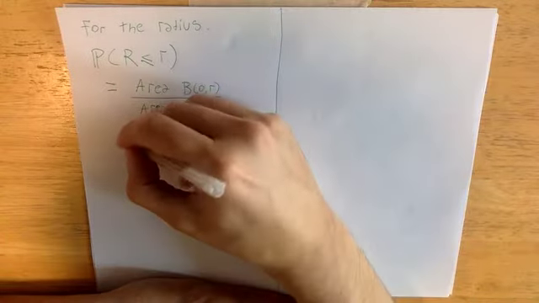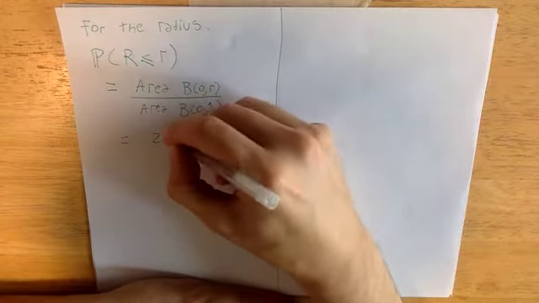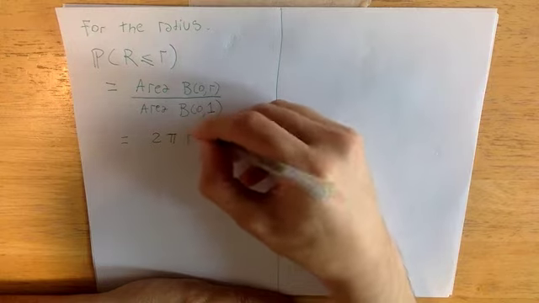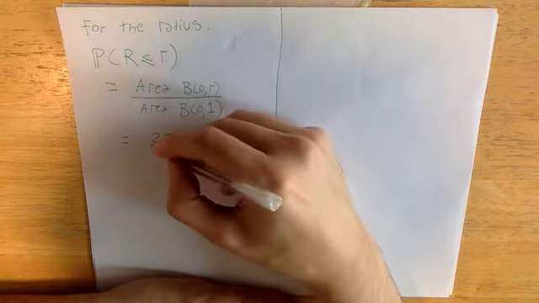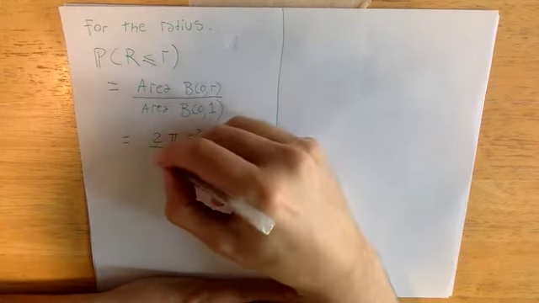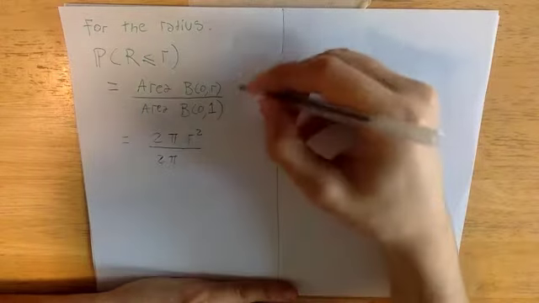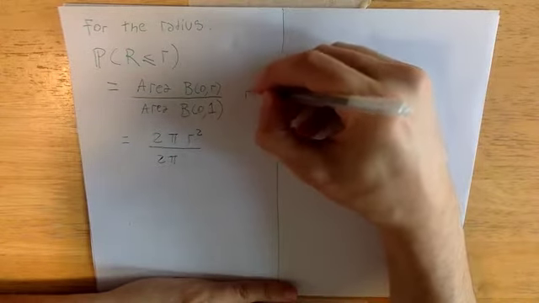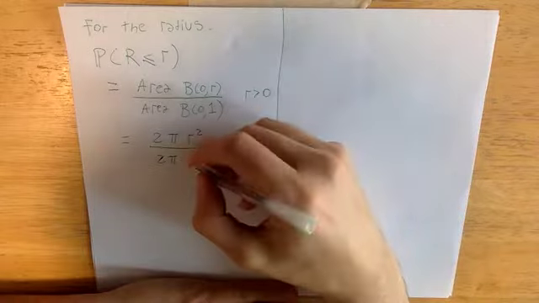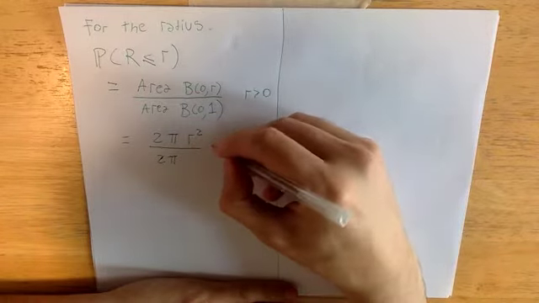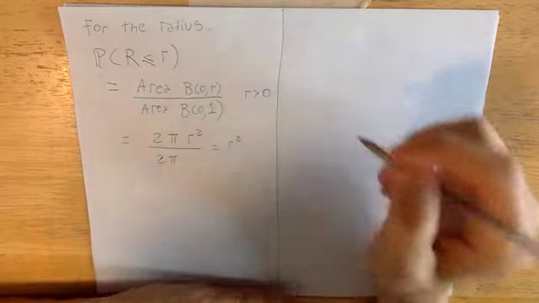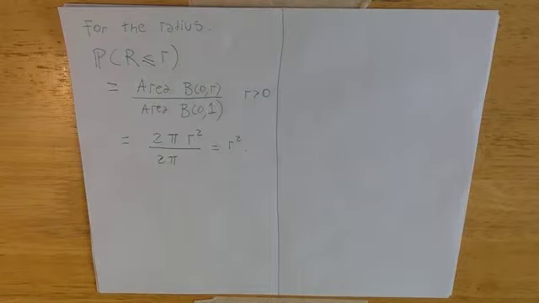So what you get here is pi r squared over pi, and of course r is positive. So this is just equal to r squared.